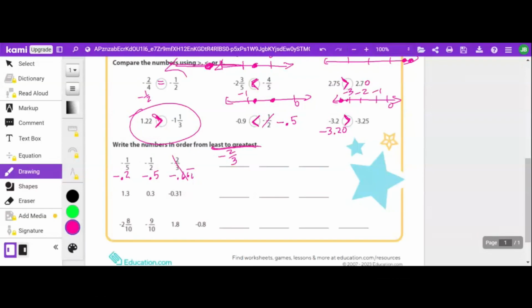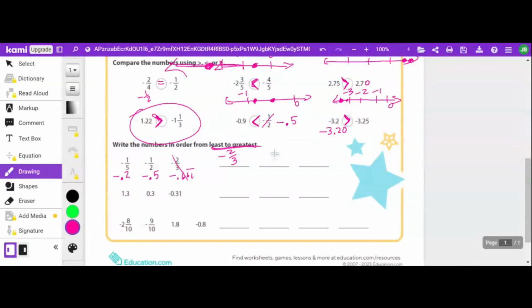Which of these two, negative 0.2 and negative 0.5, is more negative? Okay, waiting on a few more of you to answer. Okay, it's the negative 1/2. Negative 0.5 is more negative than negative 0.2.